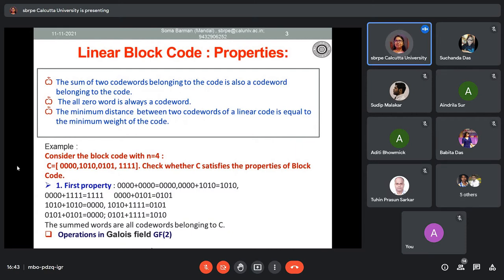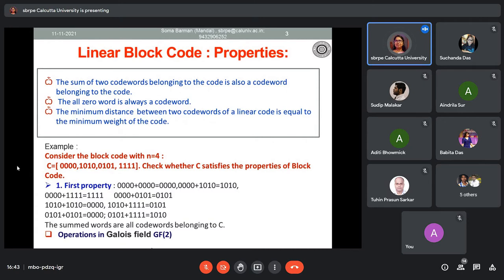It is XOR operation. So 1 plus 1 equal to 0, 1 plus 0 equal to 1, 0 plus 1 equal to 1, 0 plus 0 equal to 0. These are the modulo 2 operations or Galois field 2 operations.